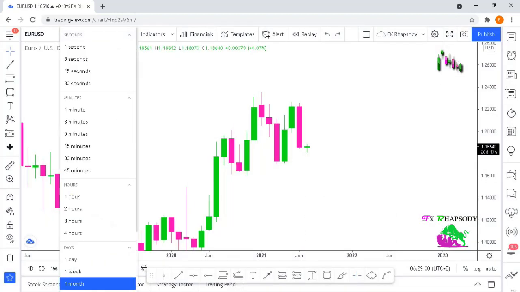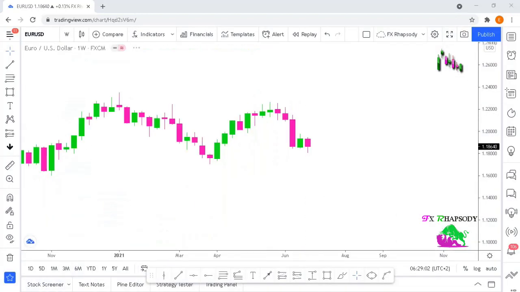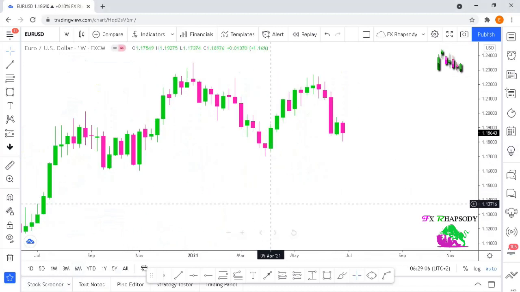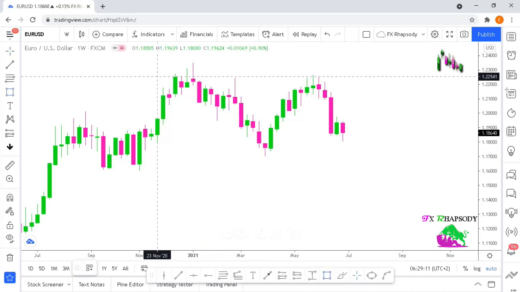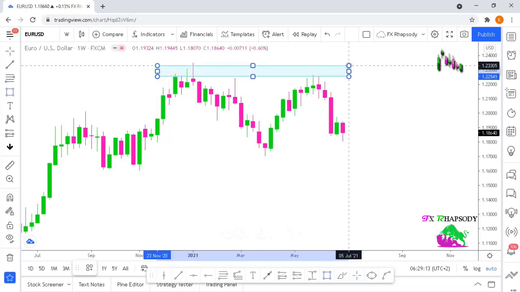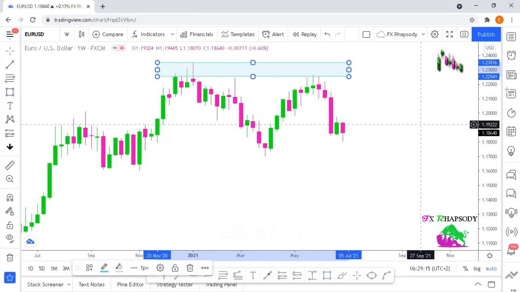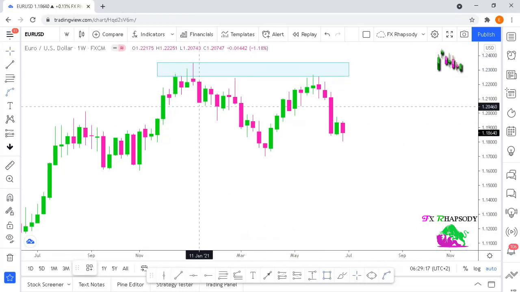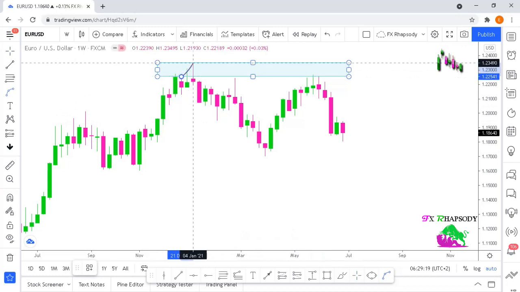On the weekly time frame, let me expand this a little bit. We can see that we had this nice area of resistance at the top. It formed a nice double top.